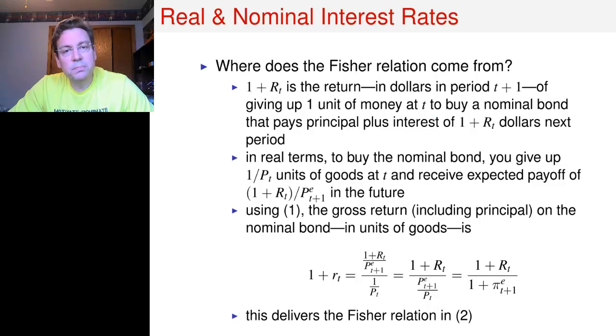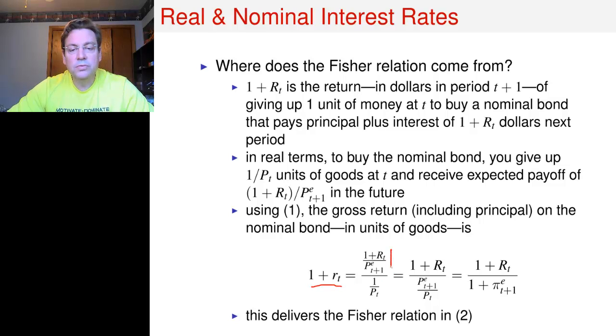And then the expected payoff that you get is 1 plus R, next period, divided by what you think the price level is going to be next period. So we can then write the real return in units of goods. So this is the real return.